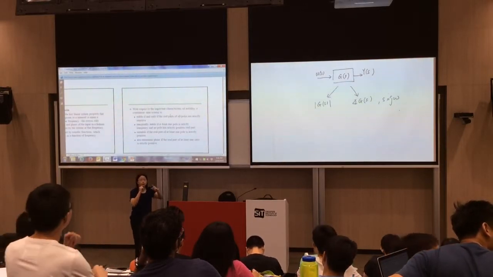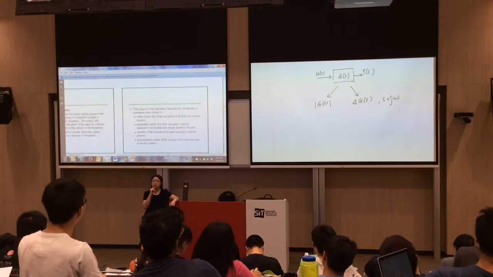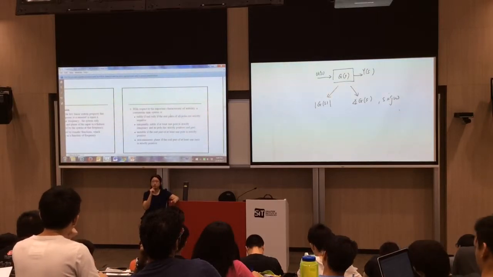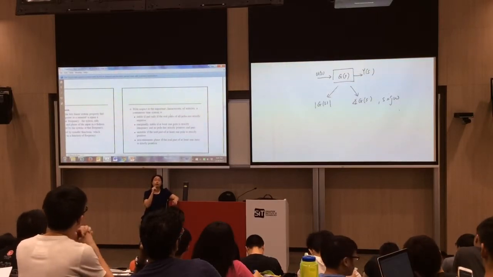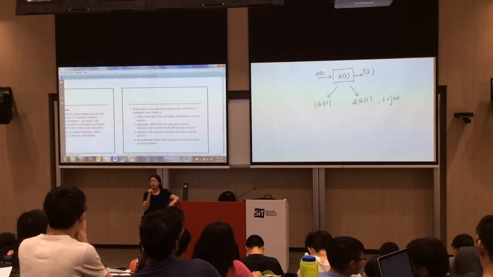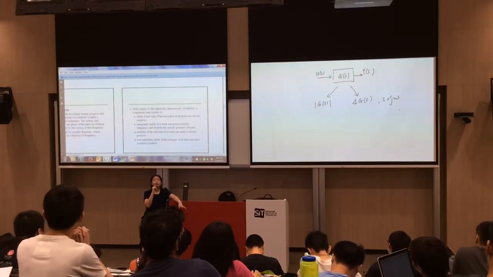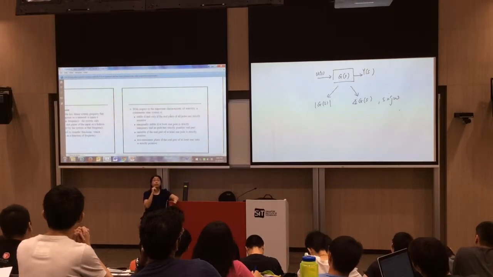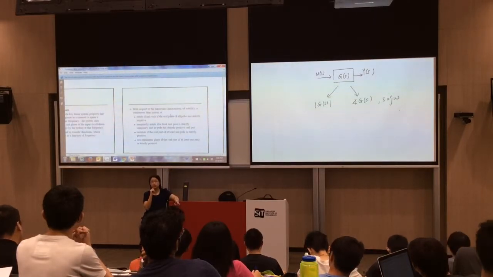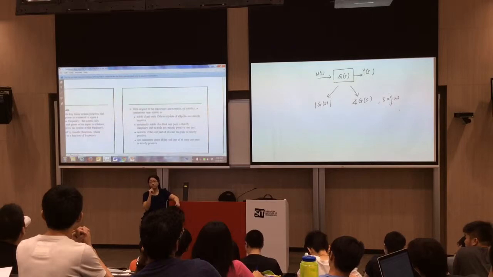If one pole is on the imaginary axis, what do you call it? Marginally stable. If one pole is in the right-hand plane, unstable. If you look at the zeros, you have non-minimum phase, meaning the real part of a zero is strictly positive.